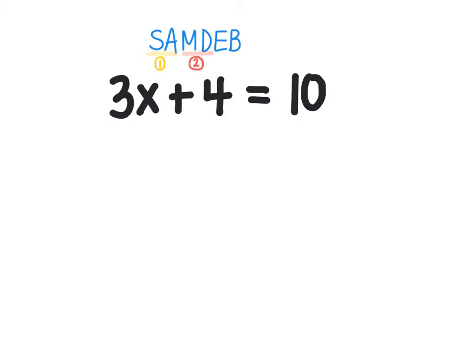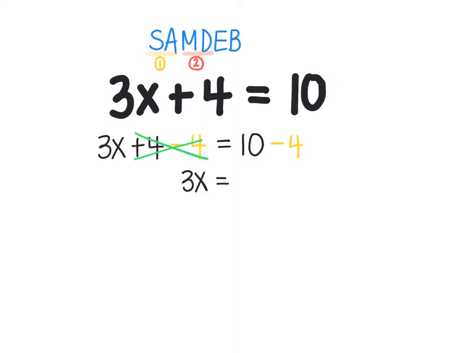So 3x plus 4 minus 4 is equal to 10 minus 4. Zero pairs are created on that left-hand side, so when we simplify them, we'll just have 3x. On the right-hand side, we'll have 10 minus 4, which will give us 6. So now we'll be left with 3x equals 6.